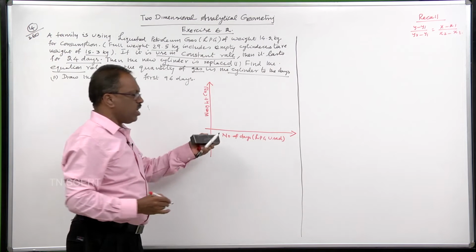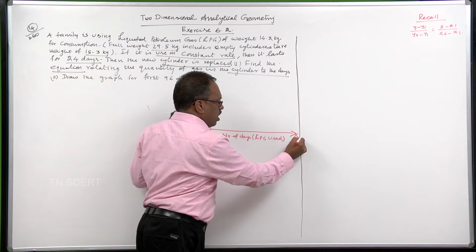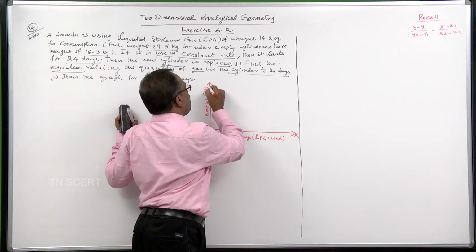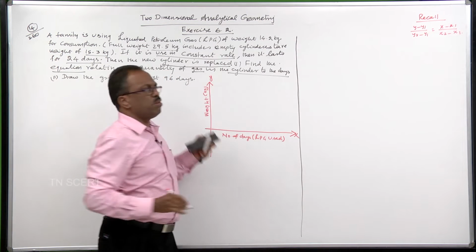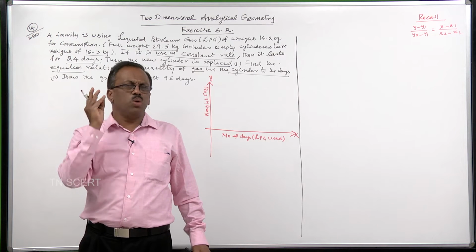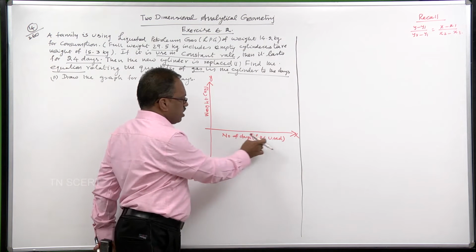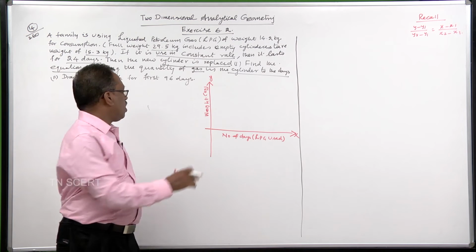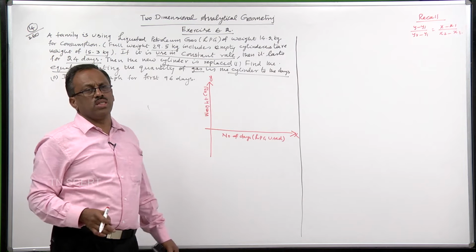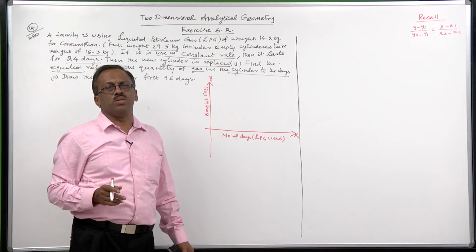Number of days is on the x-axis, and weight of LPG is on the y-axis. Remember that. So first, what data do you have to note down? Number of days LPG used, and weight in kgs on the y-axis. These are the two things you must formulate.